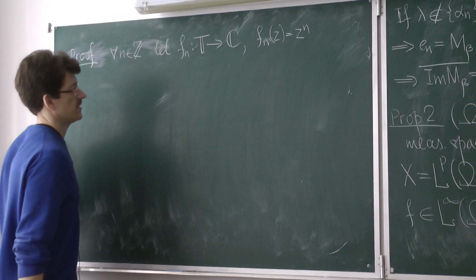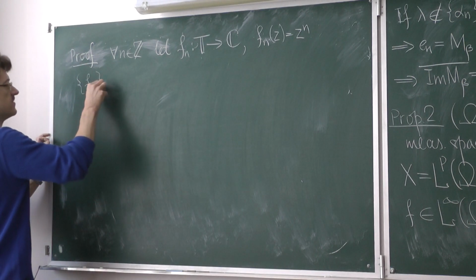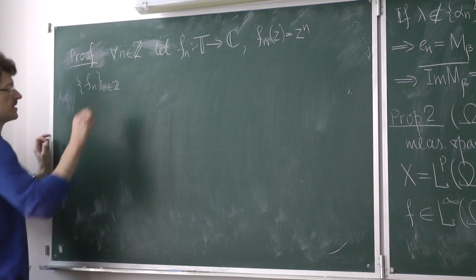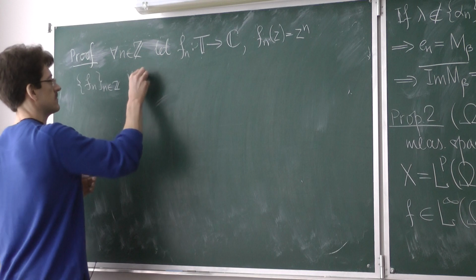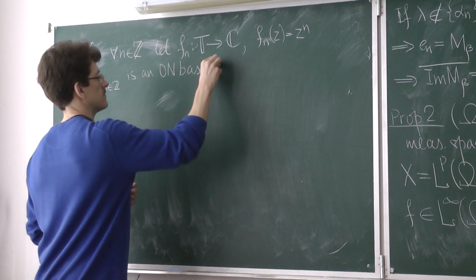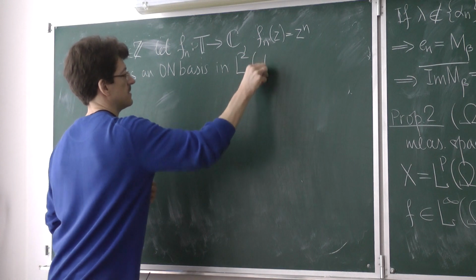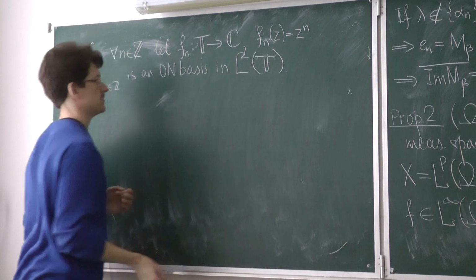And we know that the family of all such functions, f_n, is an orthonormal basis in the big L^2 space on the circle. This is essentially the trigonometric system.